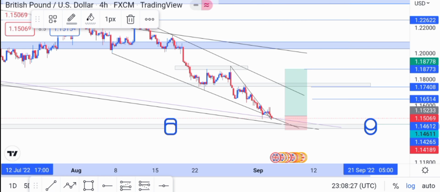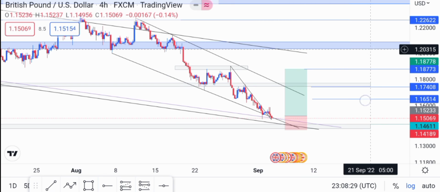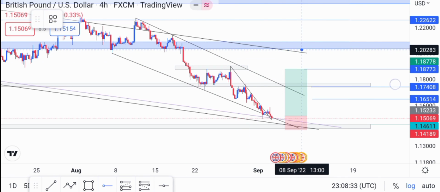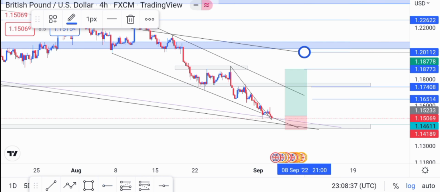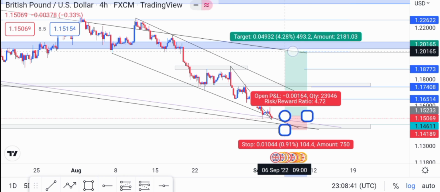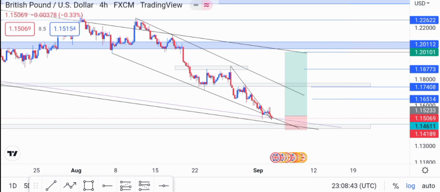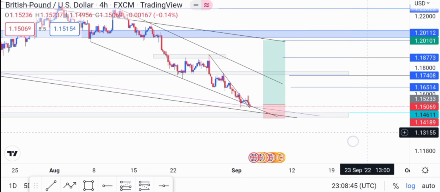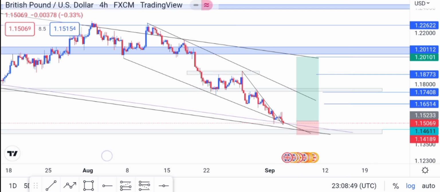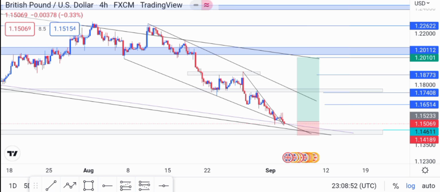Then you can lock some profits if we break out of this level here. Then you can target the overall take profit, which could possibly be here. So bear in mind, guys, the most important take profit is this first one right over here. So this is what we have on GBPUSD.